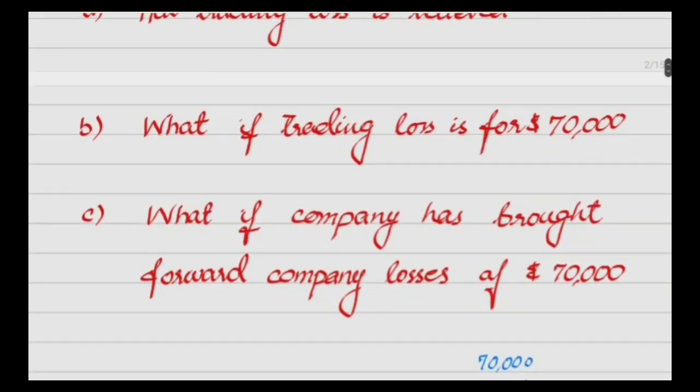Now next, what if the trading loss is 70,000? What if our loss itself is 70,000, how will we treat it? In that case, 70,000 of our income will be set off by the 70,000 of losses, and there is no profit remaining.